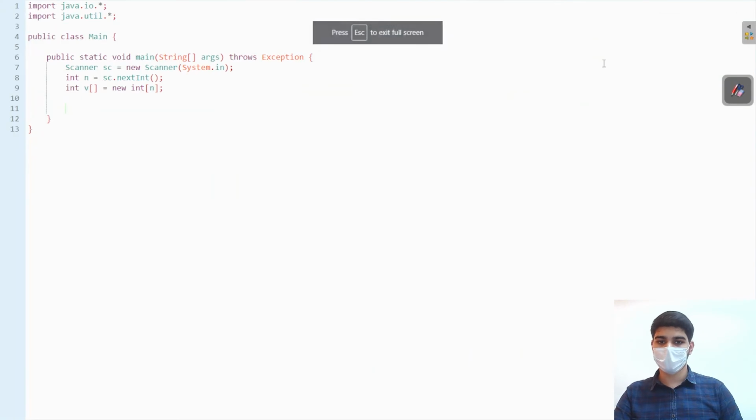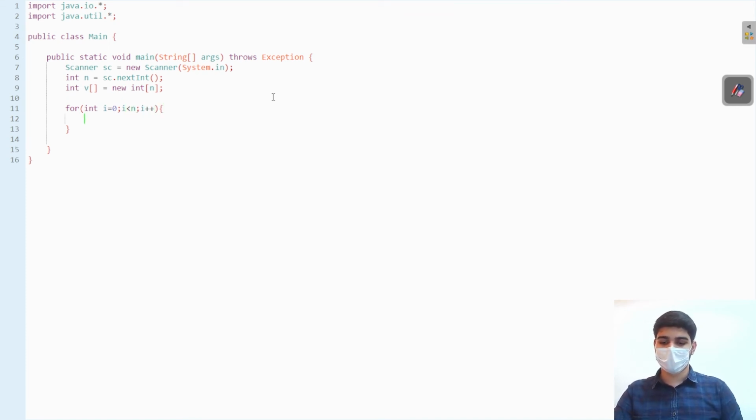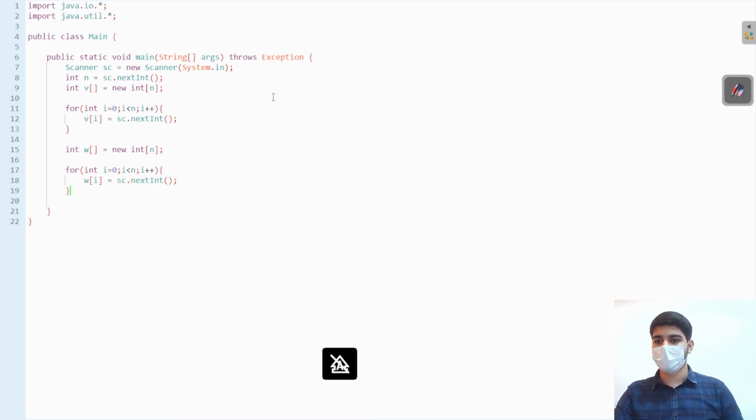If I write for int i equals 0, i goes to n, i plus plus, then value of i I take as input, and then I have my weights array, which is new int n, for int i equals 0, i goes to n, i plus plus, and weights of i is equal to new int of n. Sorry, this is c dot next int.